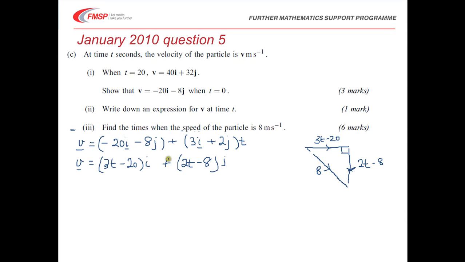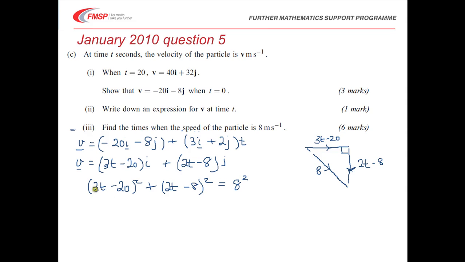So using Pythagoras' theorem now, that means that (3t minus 20) all squared plus (2t minus 8) all squared must be equal to 8 squared. So we need to multiply out our brackets, factorize if possible, if not use the quadratic formula.